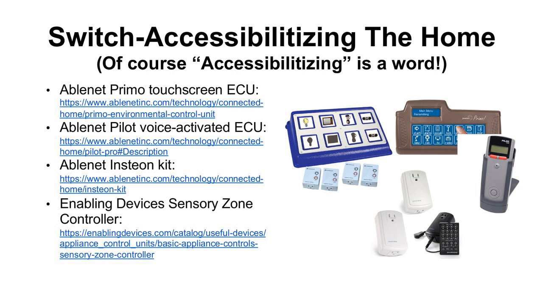The AbleNet Pilot is a voice-activated ECU. It activates by speech. I think it said it had like 96 maybe different commands that it can use. It can also operate with a single switch or on scanning, so that if someone just has access from scanning and maybe doesn't have speech control, it has that option to operate through the switch. It has a built-in microphone, or you can use your own microphone if somebody is already using some type of speech-to-text situation.